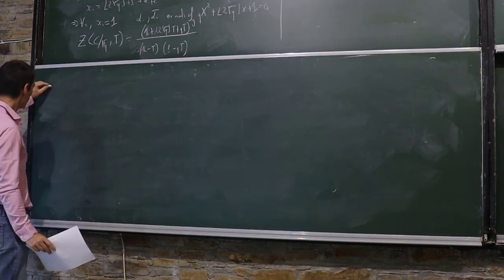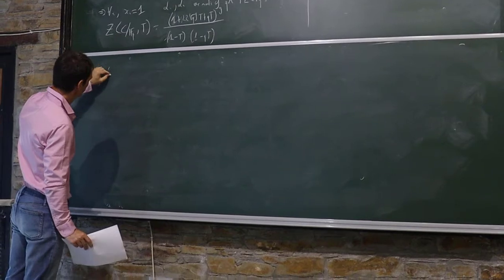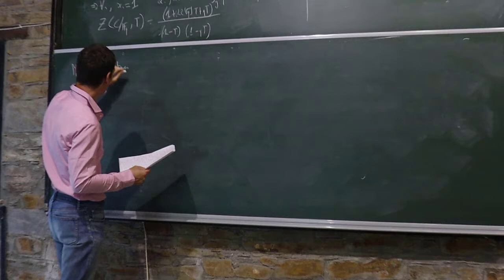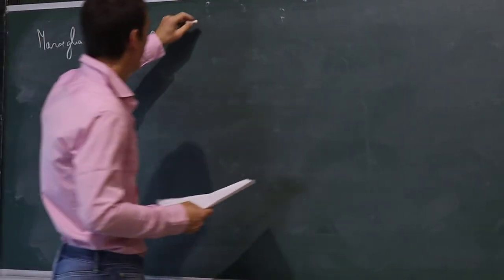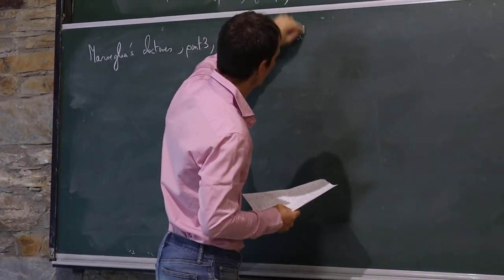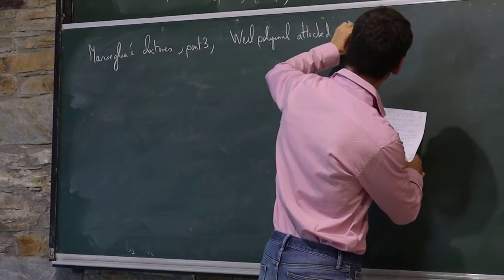So if you look at Stefano Marseglia's lectures, and more precisely at the part 3, here you can see that to an abelian variety over finite fields, he is able to associate a given polynomial that is called a Weil polynomial attached to an abelian variety A over FQ.